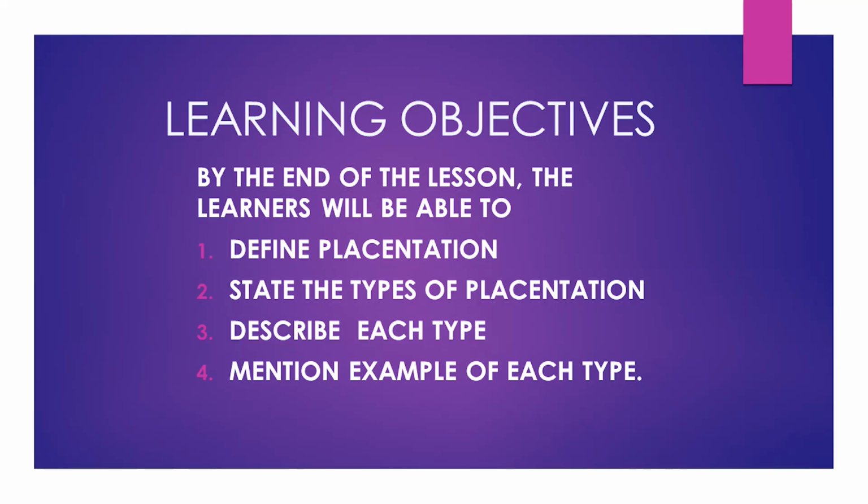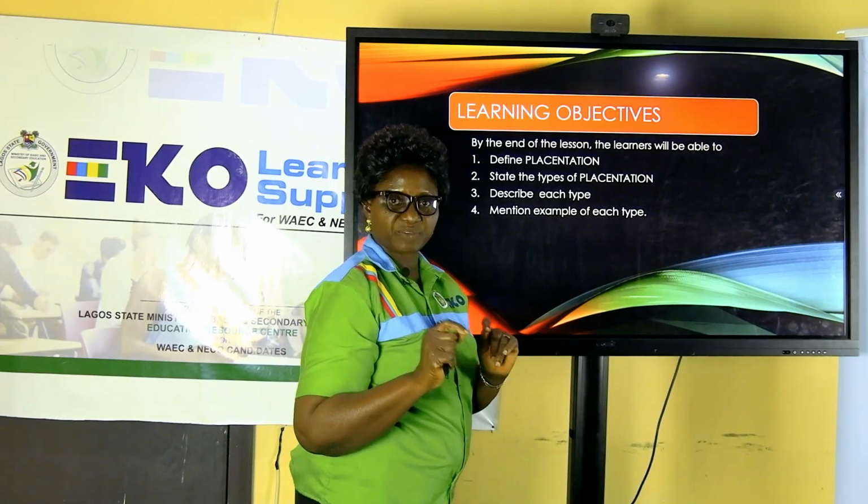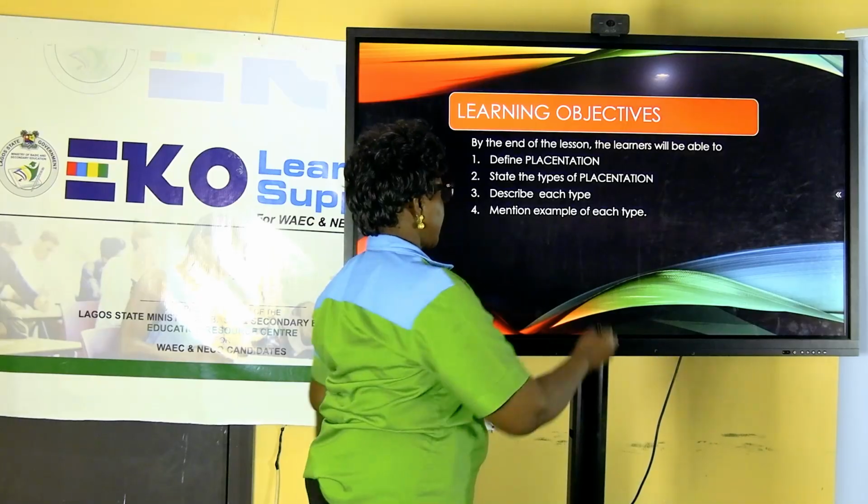As a third learning objective, you should be able to describe each type. We will learn the types as well as understand features of the different types. Then we need to state some examples.